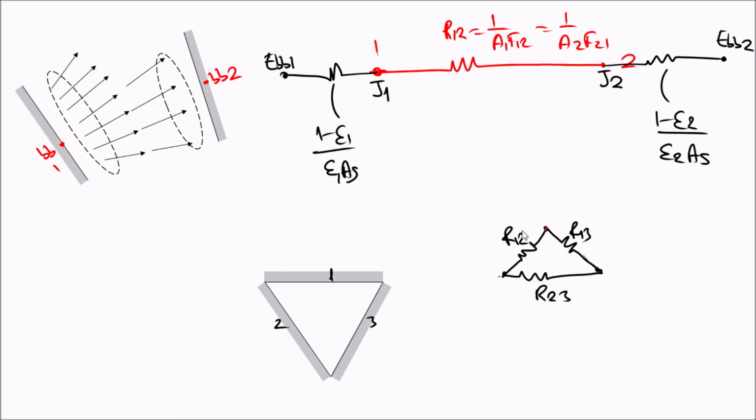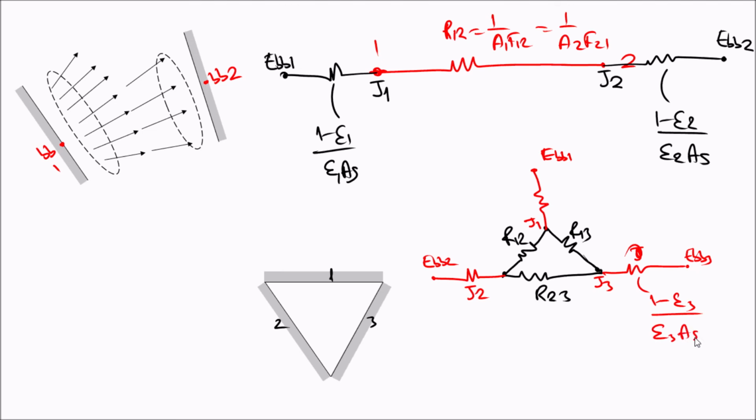For 1 you will have the surface resistance, for 3 you will have the surface resistance, and for 2 you will have the surface resistance. It will be shown as something like this. This one will be E black body 1, and this one will be J1, and E black body 2, J2, and this one is E black body 3, and this one will be J3. Okay, that will be the resistance network, and here we will write 1 minus epsilon 3 divided by epsilon 3 A_S3, and this one is 1 minus epsilon 2 over epsilon 2 A_S2, and this one is 1 minus epsilon 1 divided by epsilon 1 A_S1.